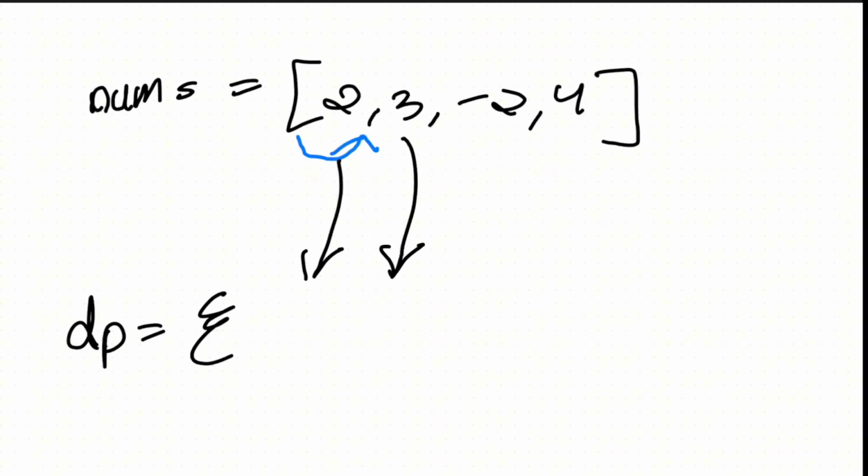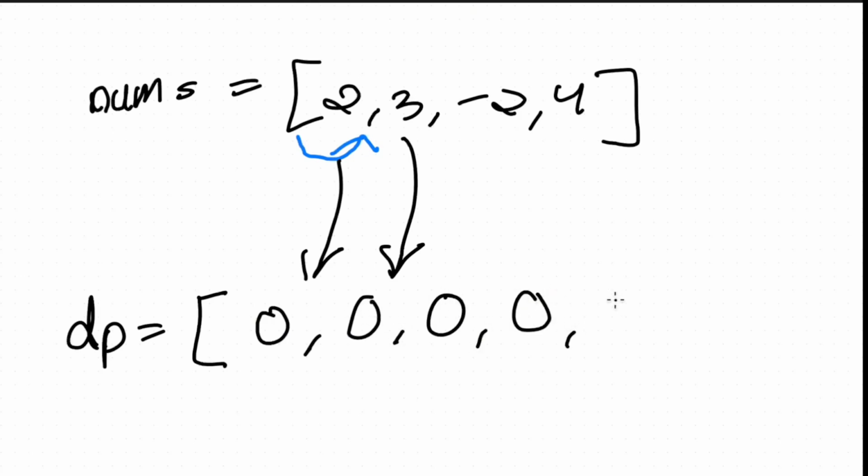We could do a hash map, but I don't necessarily think we need one. We could also just do an array, where each index maps to the index in the array. Initialize one with a bunch of zeros, and then we just update as we go through.